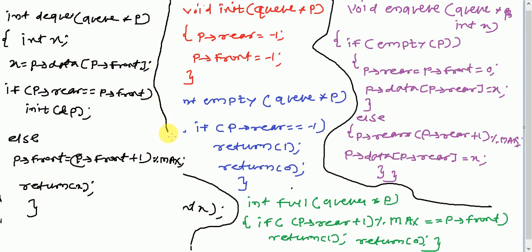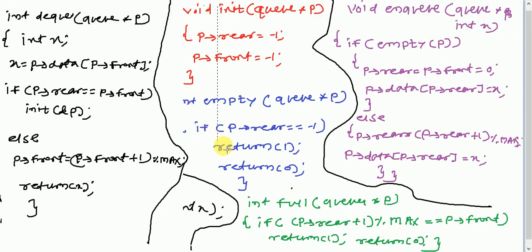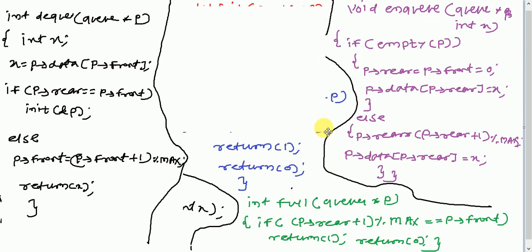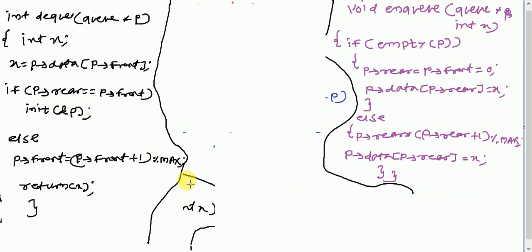Now let's go for the next function, that is a display function. So it is a little different than the function which we have seen in case of simple Q. So I'll take it purposefully here. So in display function, again we have to use the concept of circular queue. I'll check why it is so. So first of all, I'll write the function and then we'll see it case by case.